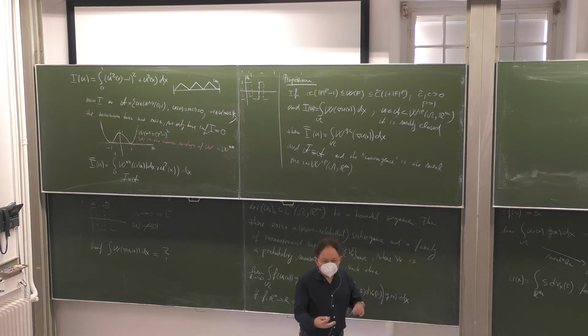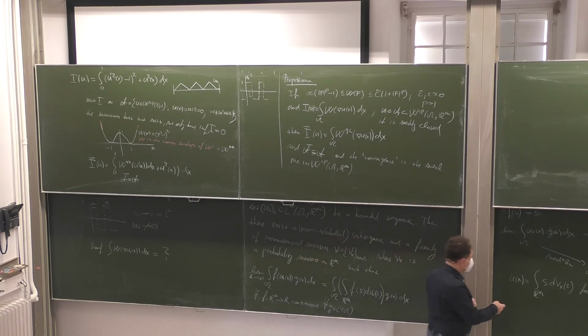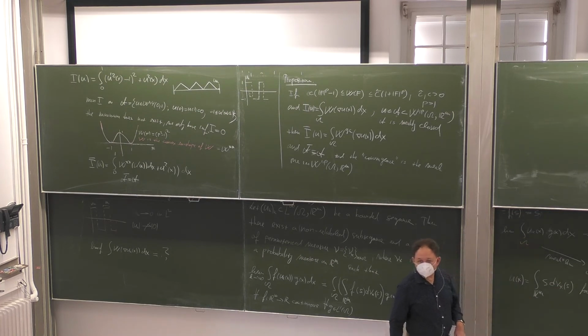So the weak limit, or weak star limit, if you want, is the first moment of the measure for a given x. So the first moment, or the mean value.